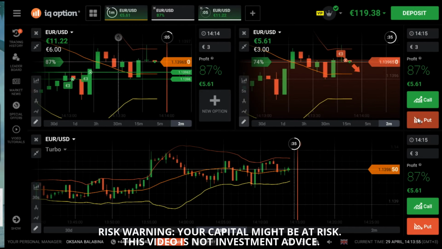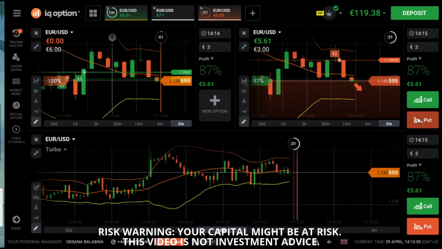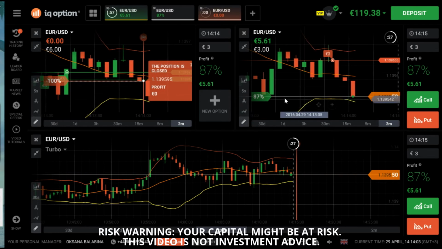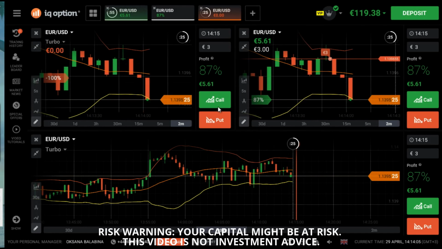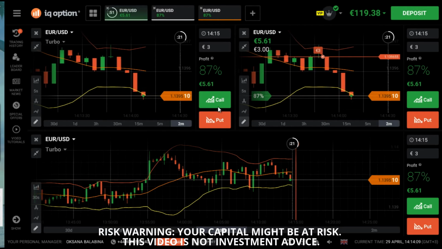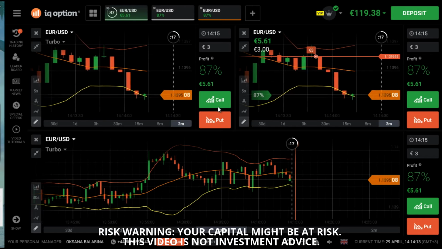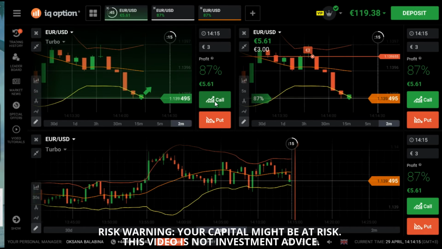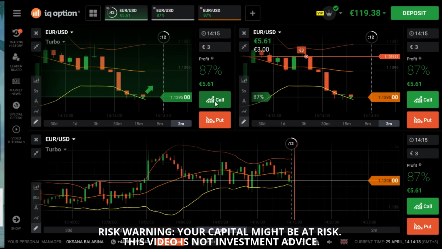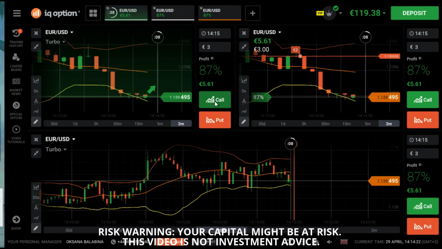But this method I'm using is quite reliable. In other words, it's not a high risk strategy, it's a quite low risk strategy. If you have time to trade for at least like 1 hour, you end up making a reasonable profit.